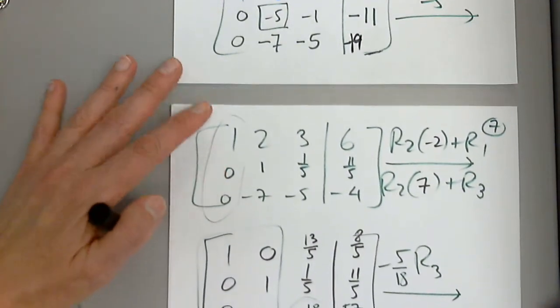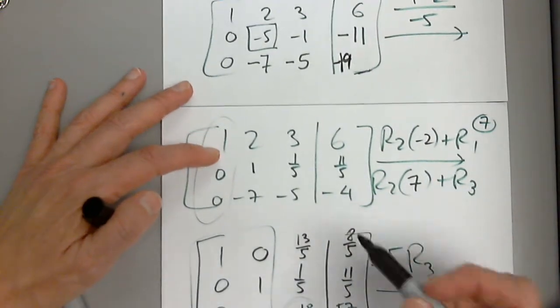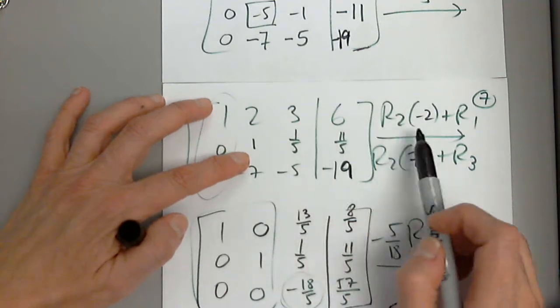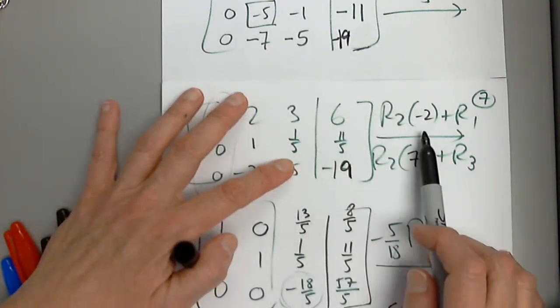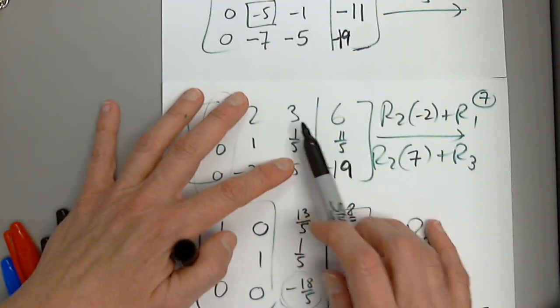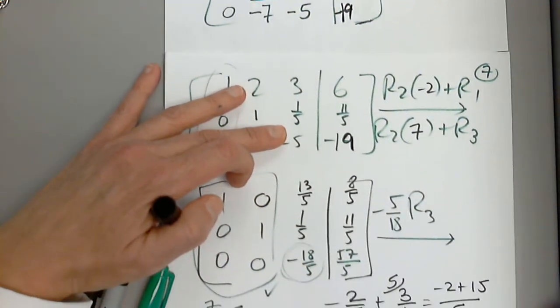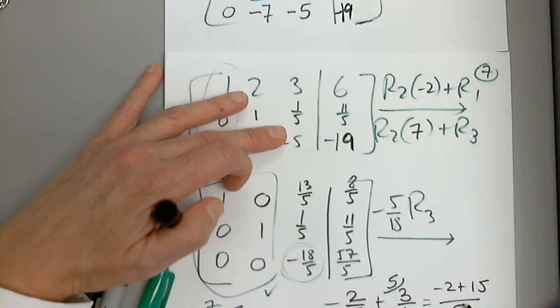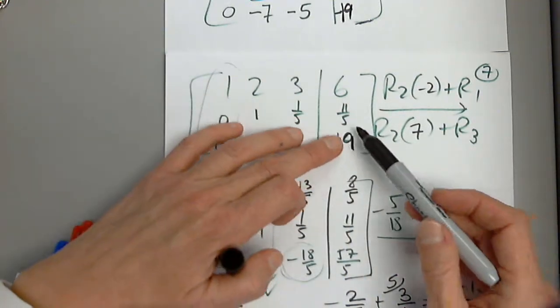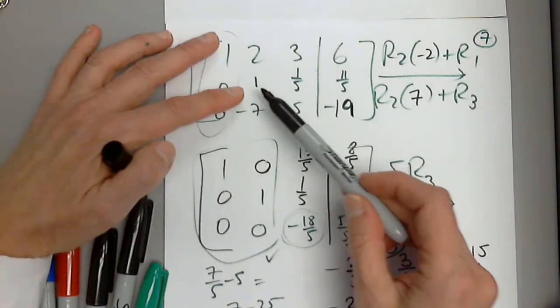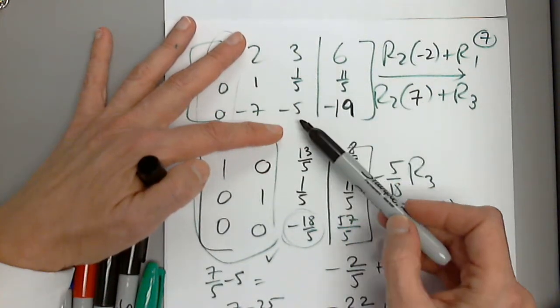Okay, so now let's go back and check this. So 1 times negative 2, that's correct. Negative 2/5 plus 3, yes, that's correct. Now I'm checking this again.